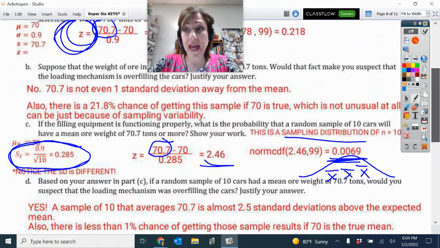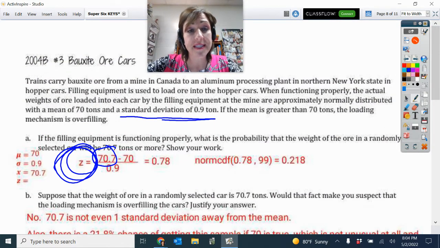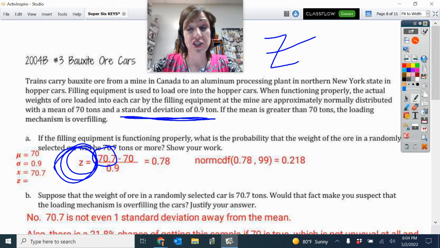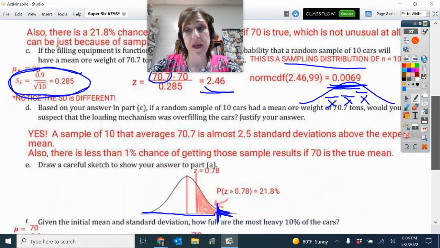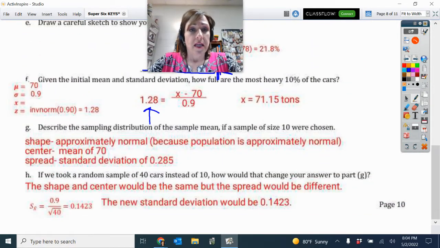And we can do that here because we were told the population standard deviation. So z-scores apply on this page. All right. So that made it a 71.15 ton coal car in the top 10%.